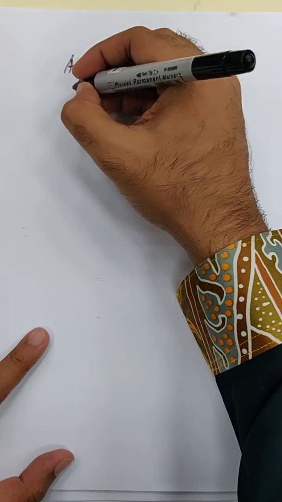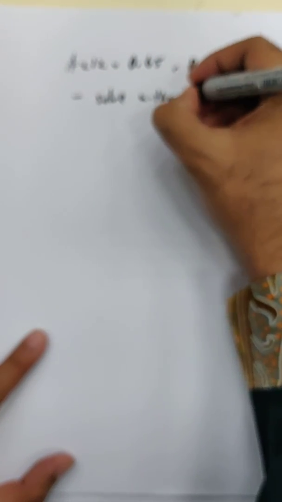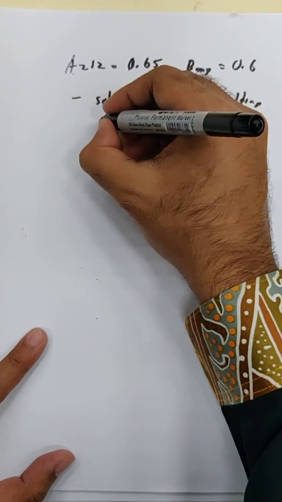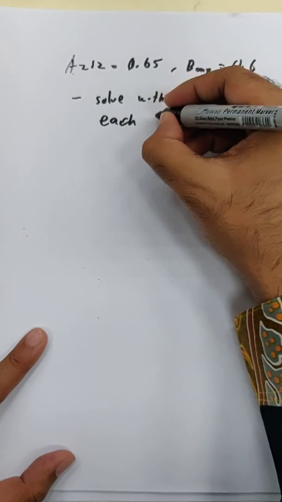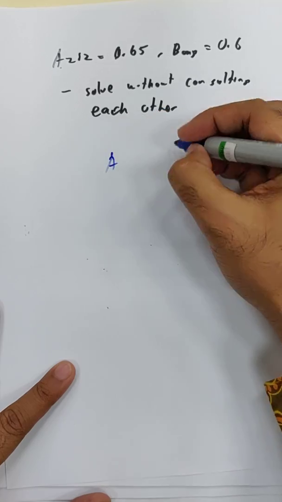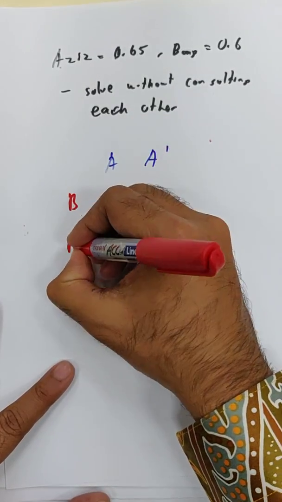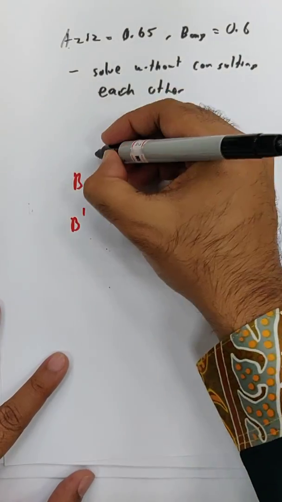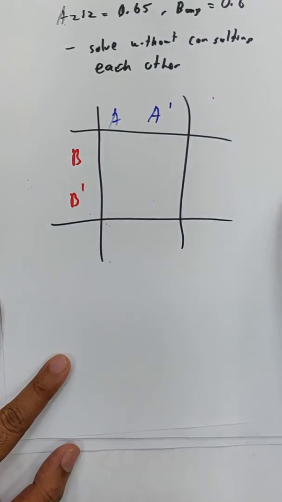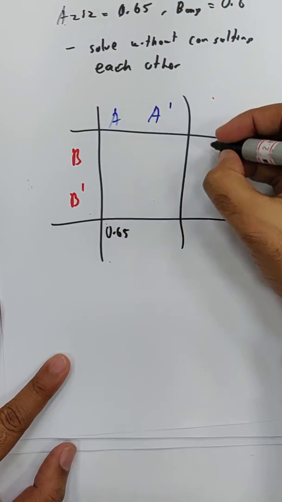And we were told over here to solve without consulting each other. So simply, Aziz not be able to solve, Bong not be able to solve. I should have drawn the hashtag first to avoid confusion. Aziz 0.65, Bong 0.6.